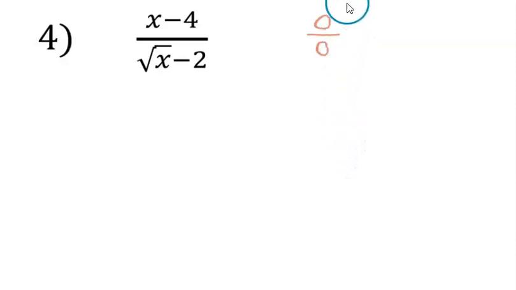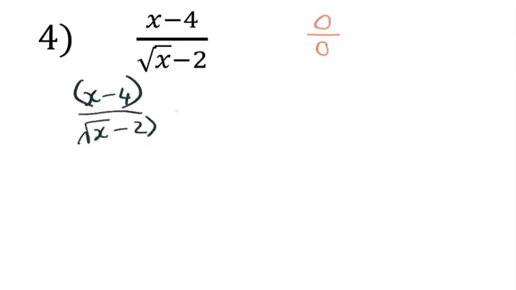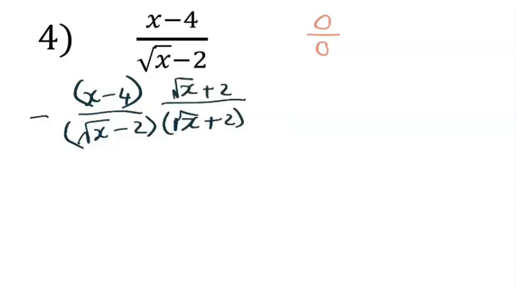So we will encounter that a lot in first year mathematics. And to get rid of this form, we will again multiply by the conjugate of the denominator. So we will get square root of x minus 2 times the square root of x plus 2, and remember we cannot change the expression, so we have to multiply by 1.